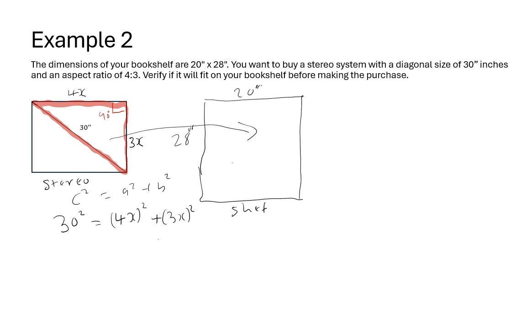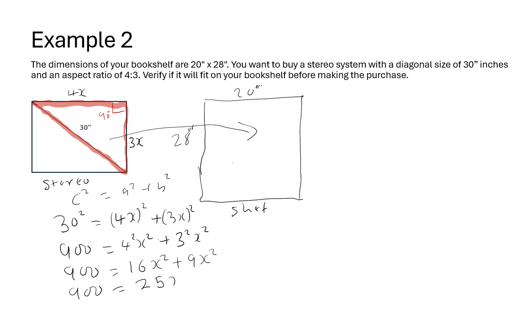From here, 30 squared is 900, 30 times 30. This side squared is 4 squared x squared, plus 3 squared x squared. So 900 is equal to 16x squared plus 9x squared. Adding these, 900 is equal to 25x squared.